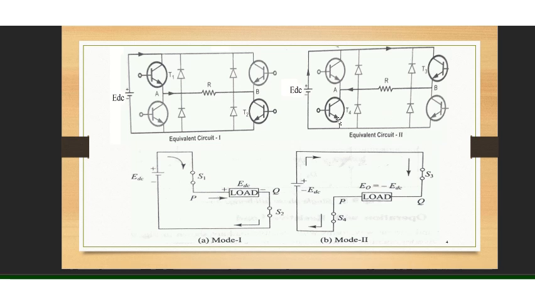When T3 and T4 are conducting, the output voltage across the load will be minus EDC.